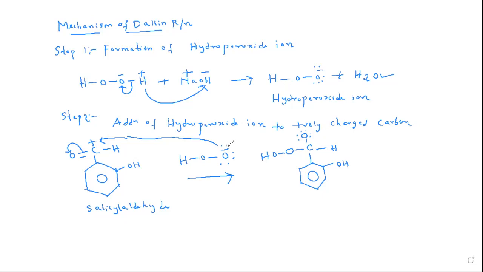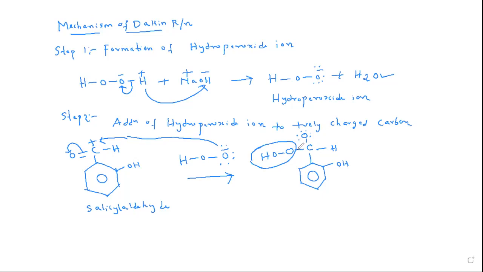So here what is happening, this hydroperoxide ion, right? Oxygen is having 3 lone pair of electrons. I will transfer 1 lone pair of electron to this positively charged carbon. So what happens? The entire hydroperoxide ion is added to this carbon. So carbon has formed a new sigma bond.